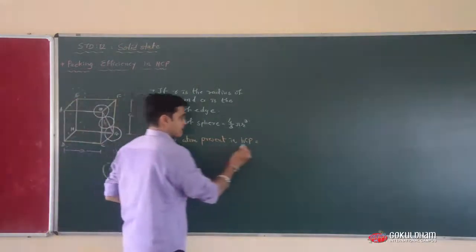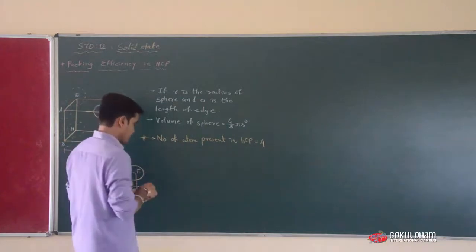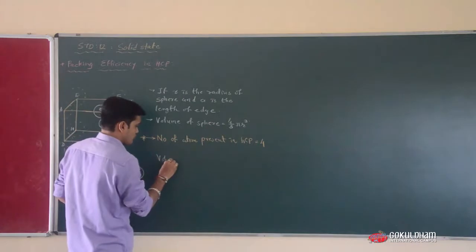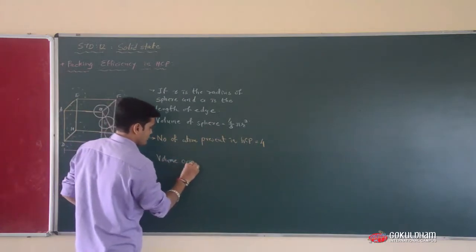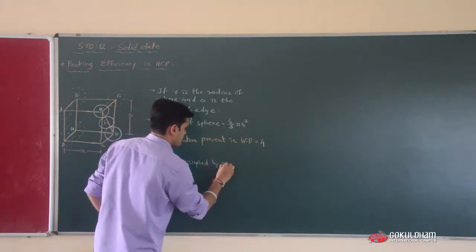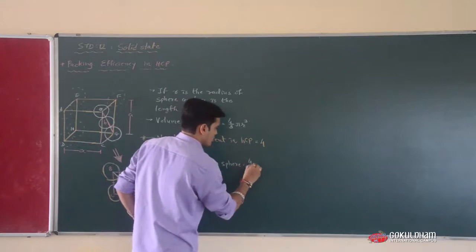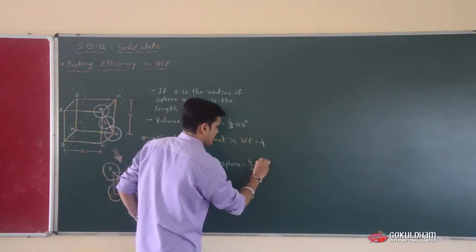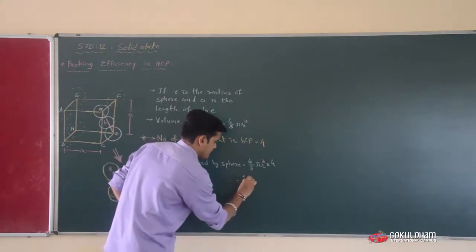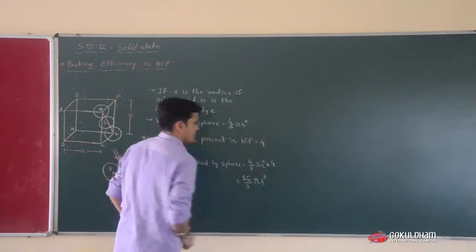So the number of atoms present in HCP is equal to 4. So we can say that volume occupied by spheres is equal to 4 by 3 pi r cube into 4. So your answer will be 16 by 3 pi r cube.